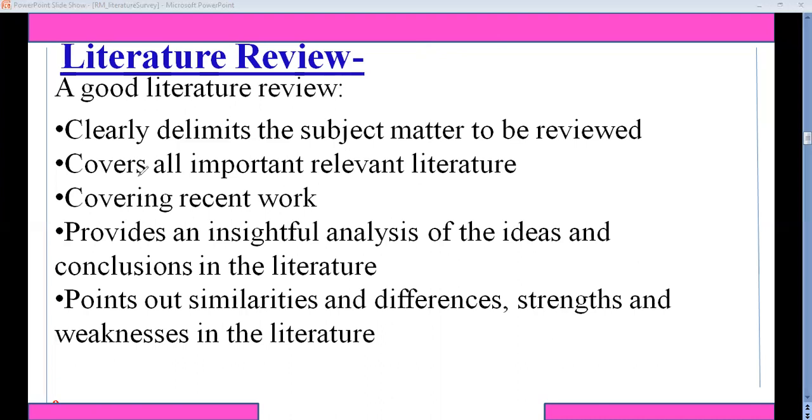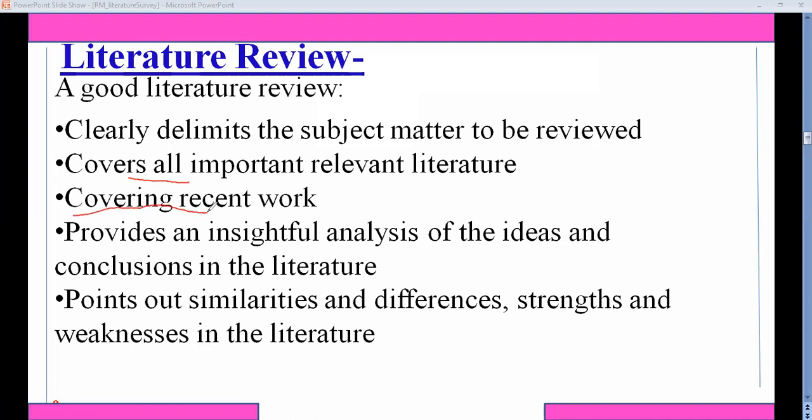Like if I took the area like heat transfer enhancement with the RIP, so your literature should include all experimental, then theoretical research about that, different applications of that. All relevant things should be included in your literature review. It's not that you're doing only experimental. No, you have to also include the theoretical or numerical analysis.